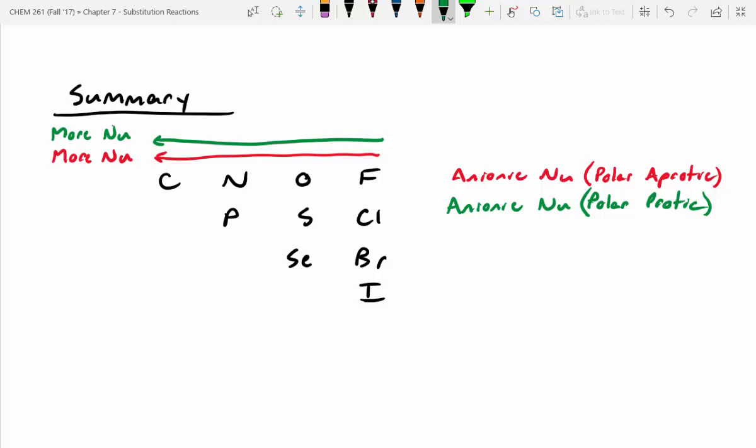So polar aprotic, right? Aprotic means no H bonding, which means there's nothing stabilizing the nucleophile. It's just kind of a naked nucleophile. In this case, what's more stable, a fluoride with a negative charge or an iodide with a negative charge? Iodide, right? It's got the larger atomic radius. That means it gets more nucleophilic as you go up, right?